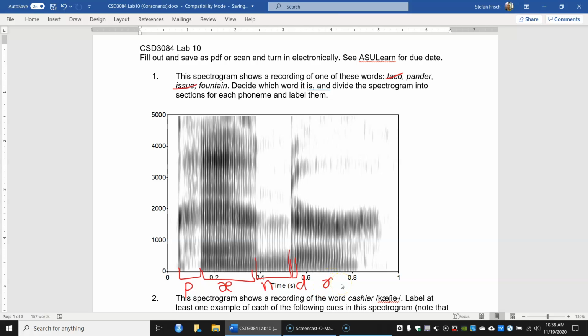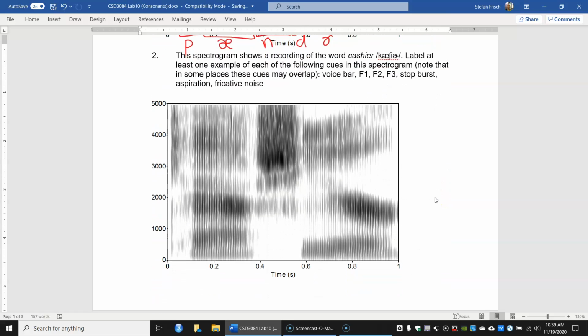The vowel should have a relatively low F3 because that indicates rhoticity. And indeed, we have F1, F2, and F3 really close to each other, with F3 decreasing as we go from the D into the vowel. Okay. I guess I could put a little bracket down here for the vowel.